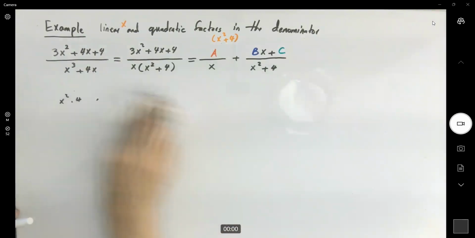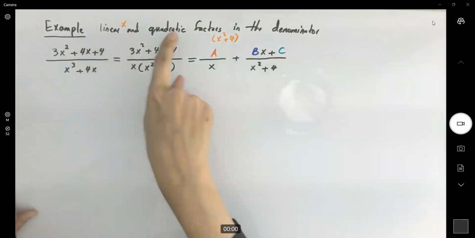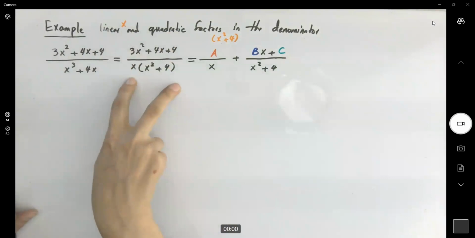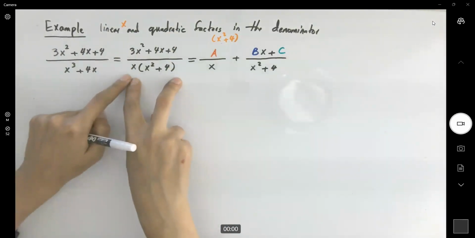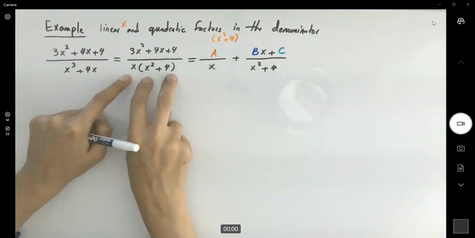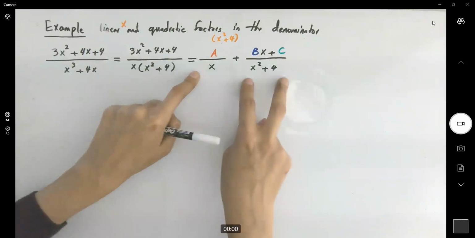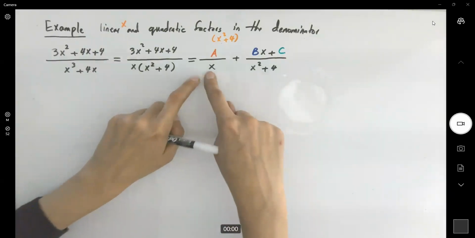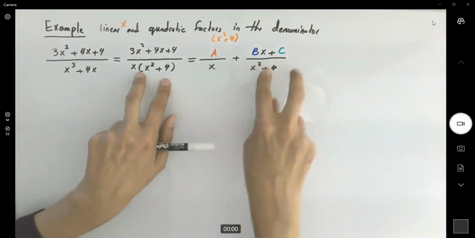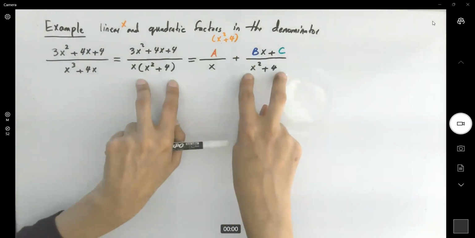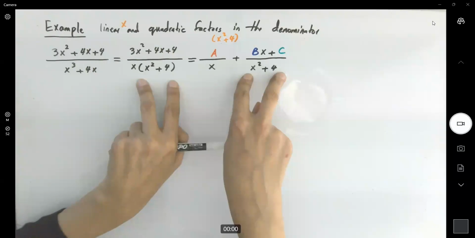Very well. So far, so good. So far, we identified the factor form of the denominator. We know that we have a linear expression and a non-factorable quadratic expression. So we get 2 fractions. The first fraction has a linear expression on its denominator. The second fraction has this non-factorable quadratic expression.